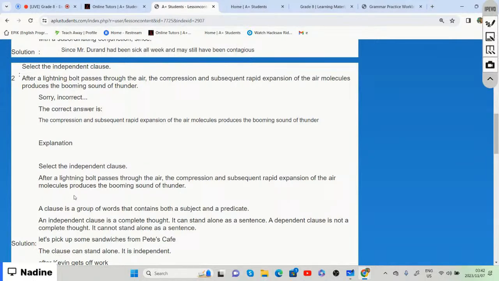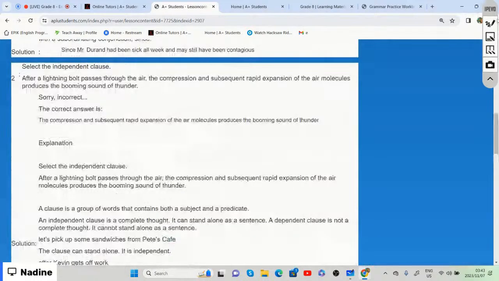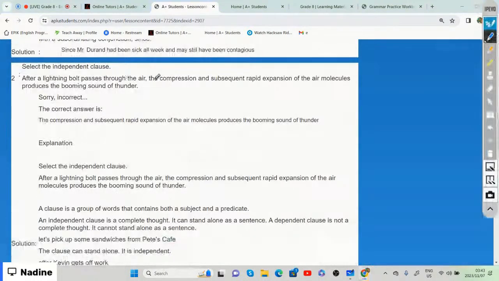Independent clause. And the independent clause is the compression and subsequent rapid expansion of the air molecules produces the booming sound of thunder. That is our independent clause.